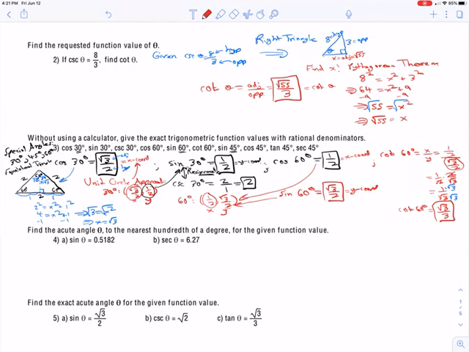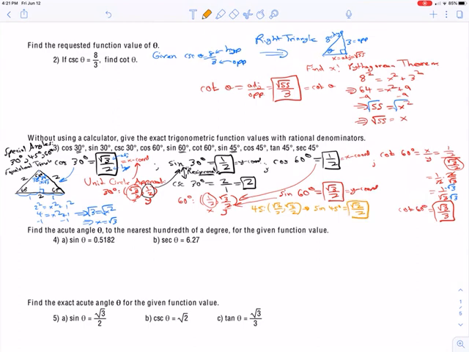All right, let's go to 45 degrees. I've done one with 45. Let's put it over here: 45 degrees on the unit circle. We've got coordinates square root of 2 over 2, square root of 2 over 2. So that implies the sine of 45 degrees equals square root of 2 over 2.